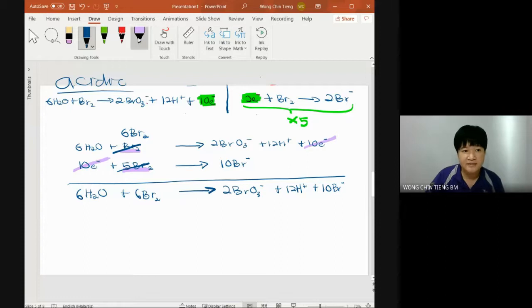Sebab saya boleh simplify. 6, 2, 12, 10. We can simplify by using a factor of 2. Dia akan jadi 3H2O. Dia akan jadi 6Br2. Dia akan jadi 3Br2.